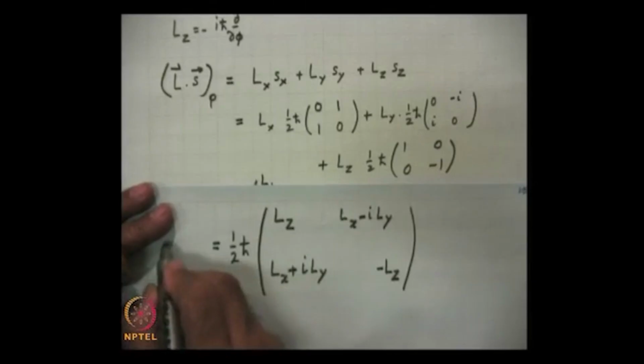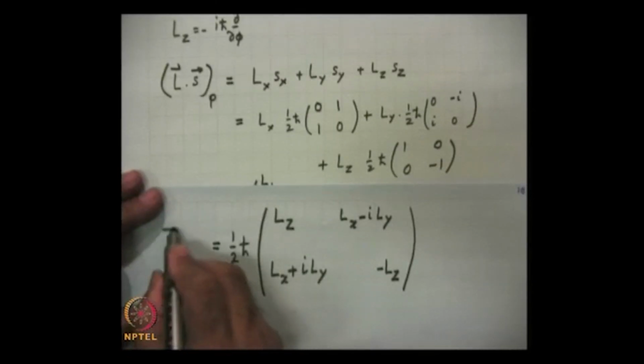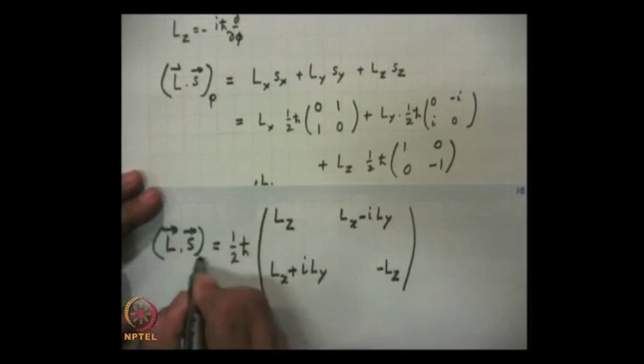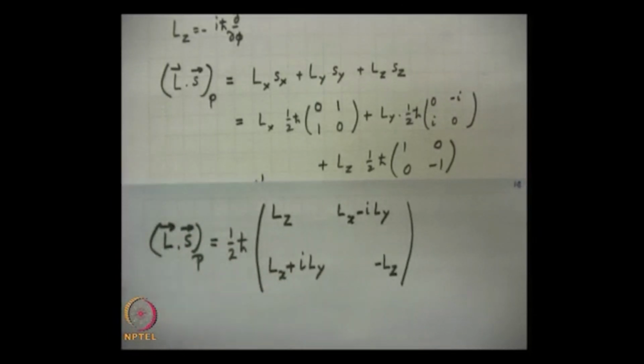So, this matrix is known as the Pauli representation of the operator L dot S. The subscript P is the Pauli representation. Similarly, I can write this down for J square, L square and S square.